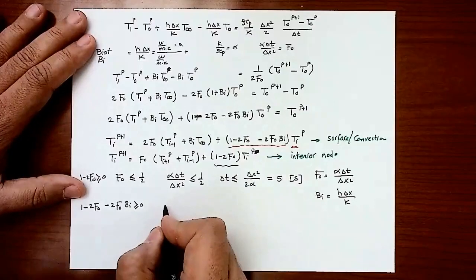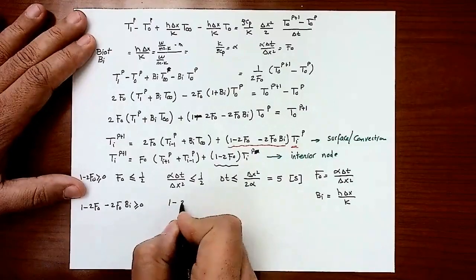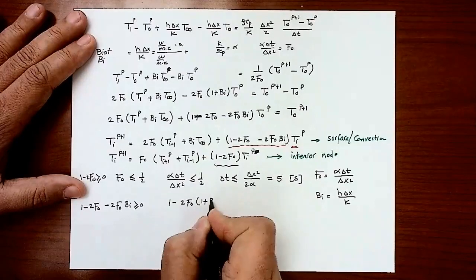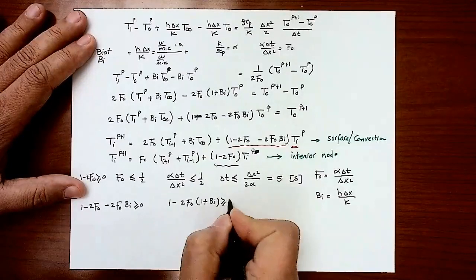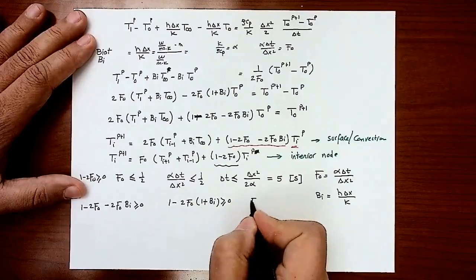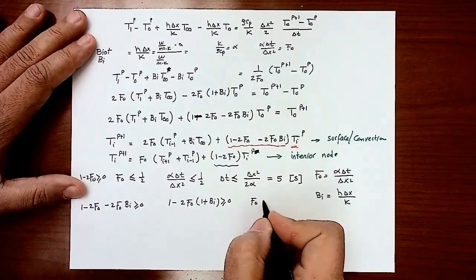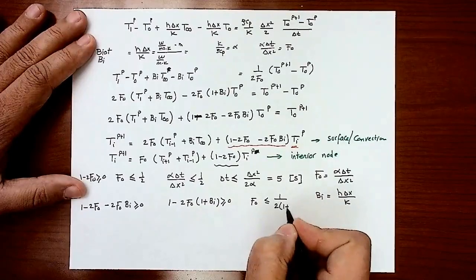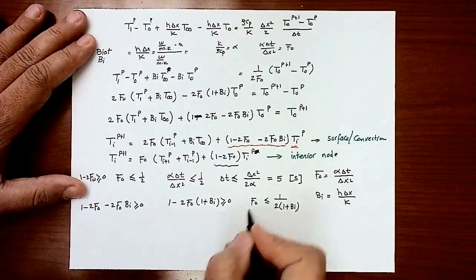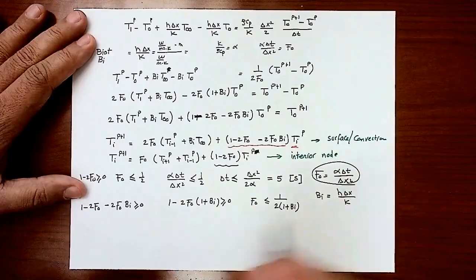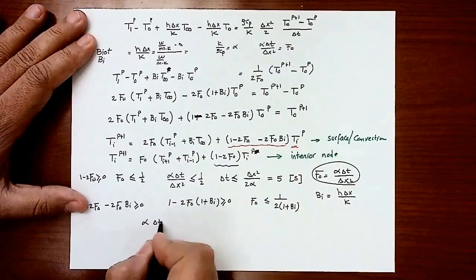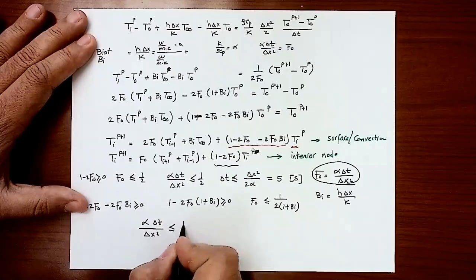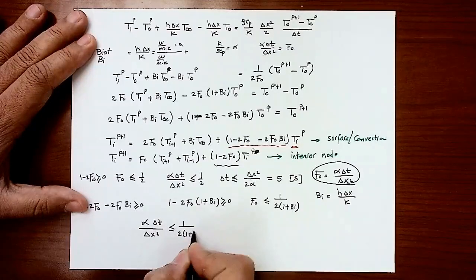Taking 2 Fourier's number as a common factor, I would have 1 minus 2 Fourier's number times 1 plus Biot number should be greater than or equal to 0. From this equation, Fourier's number should be less than or equal to 1 over 2 times 1 plus Biot number. And Fourier's number can be substituted by this term, so alpha delta t over delta x squared should be less than or equal to 1 over 2 times 1 plus Biot number.